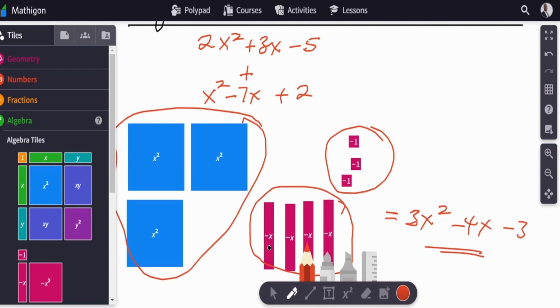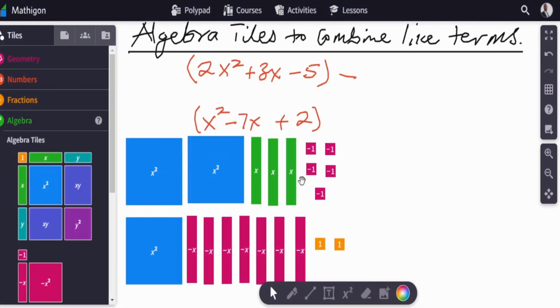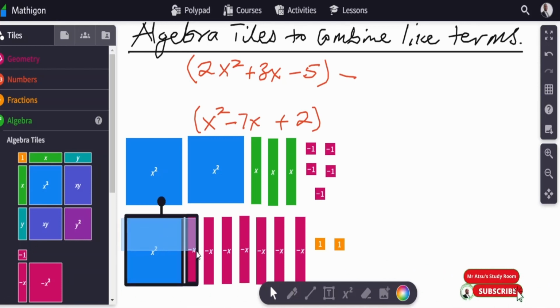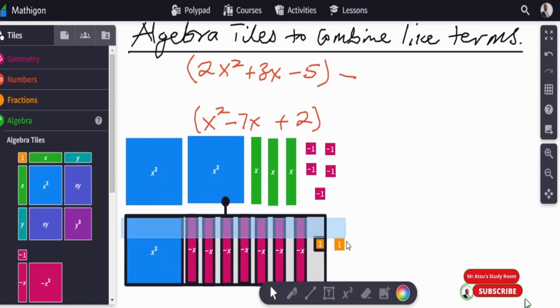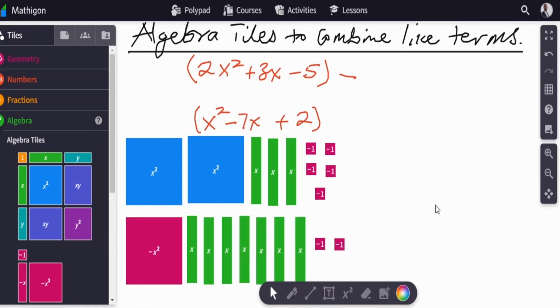We can use the same thing to do subtraction, and let's try one of that too. Right, so the same expression, but now subtraction instead of addition, and let's see how that goes. We have our actual representation, but because of this negative sign, we are going to negate the second expression. So just choose all of them, and then we negate and the sign changes.